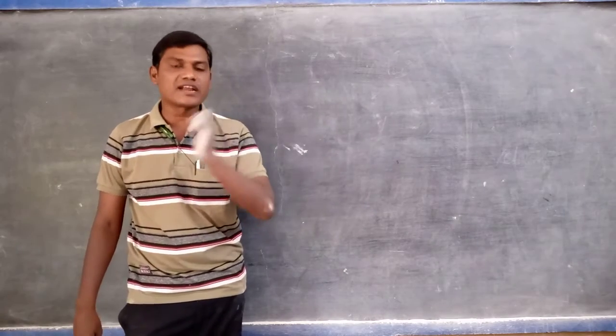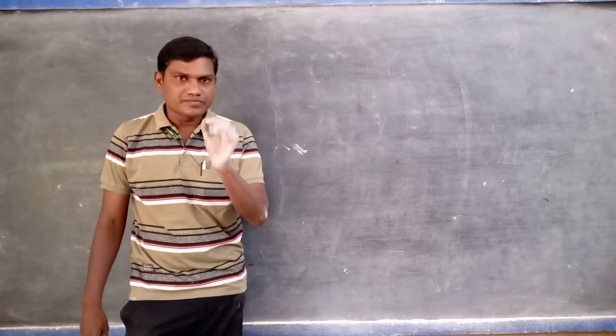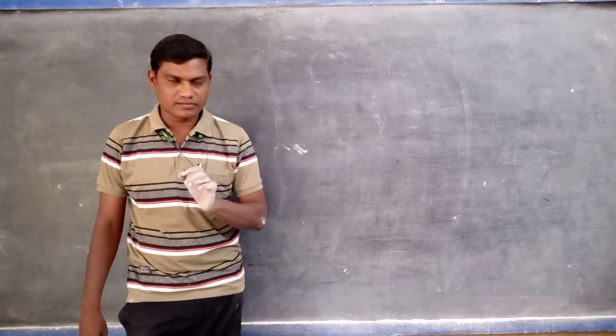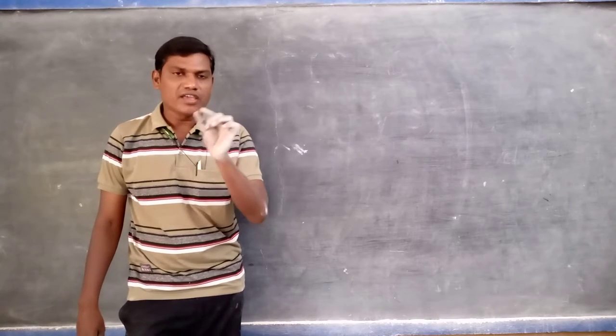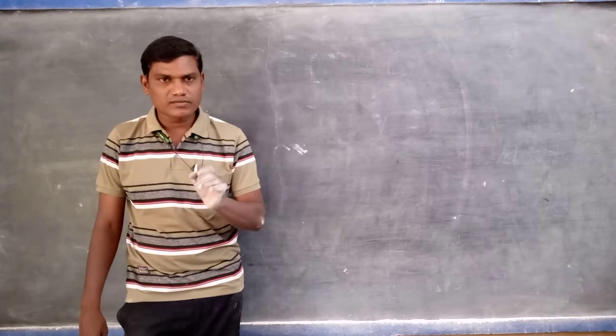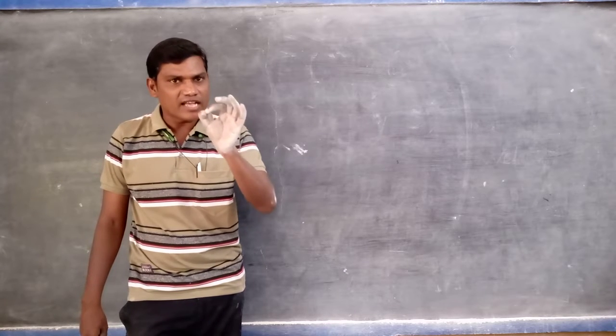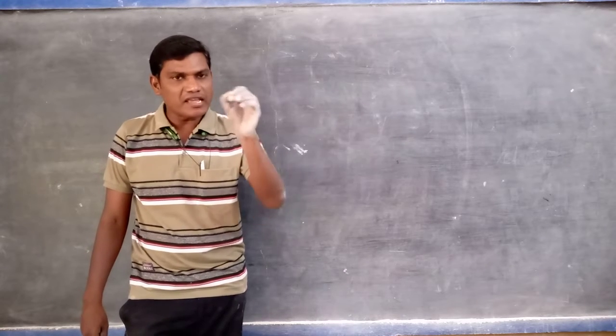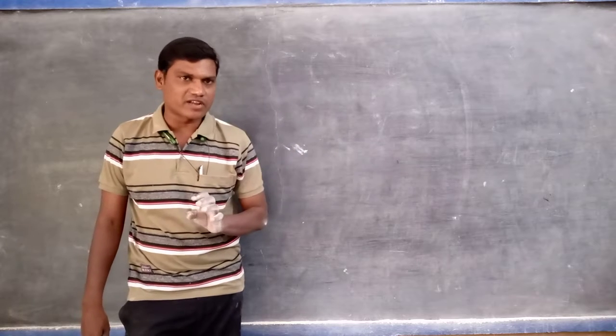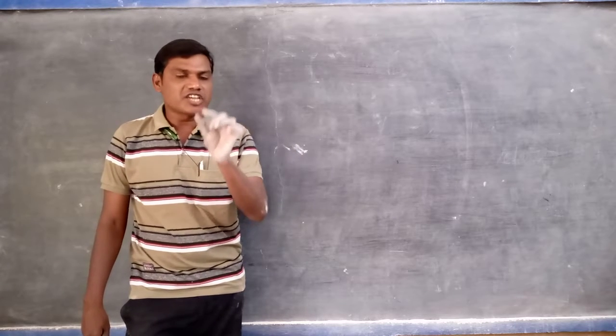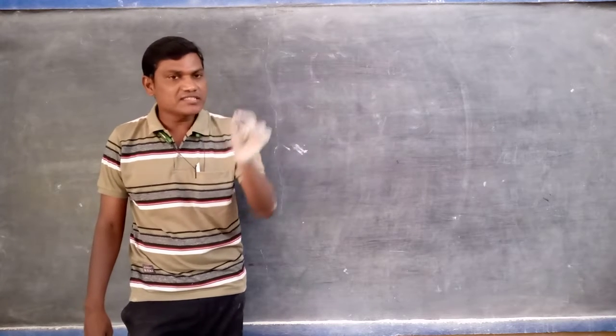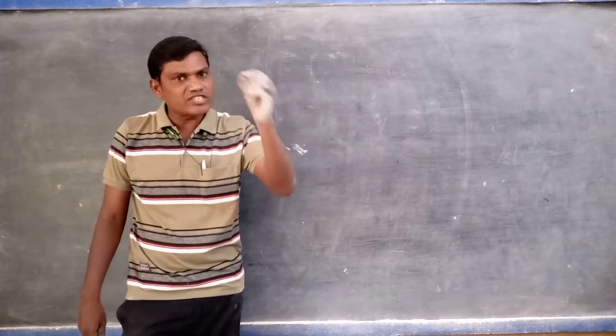How can we write this? If a body's change in velocity is equal in equal intervals of time. Listen very carefully. The change in velocity of a body is equal in equal intervals of time.